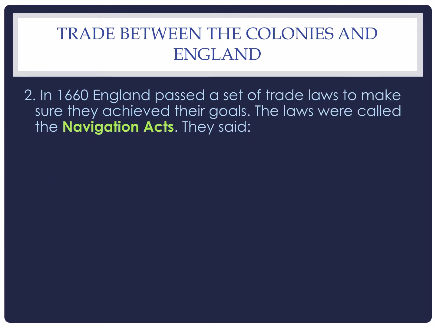In 1660, England decided to pass some laws that would help make sure that they achieved their goals with their colonies. And these laws were called the Navigation Acts. Very important for us to understand what the Navigation Acts are and how they set up the economic relationship between colonies and England. So here's the main things that they said.